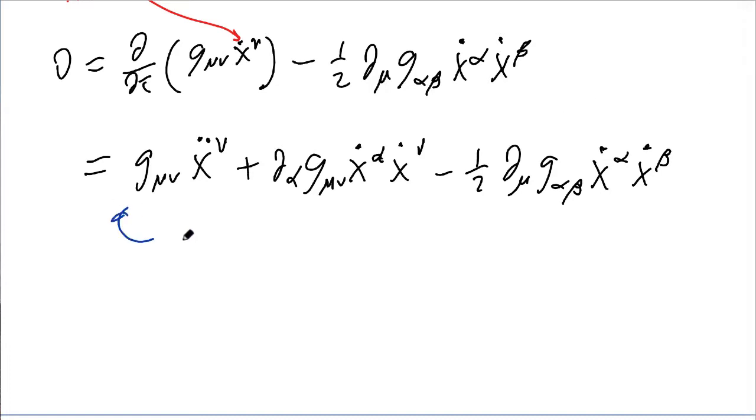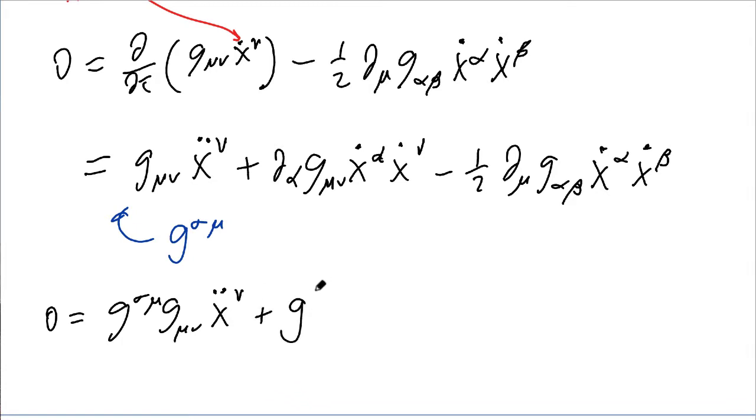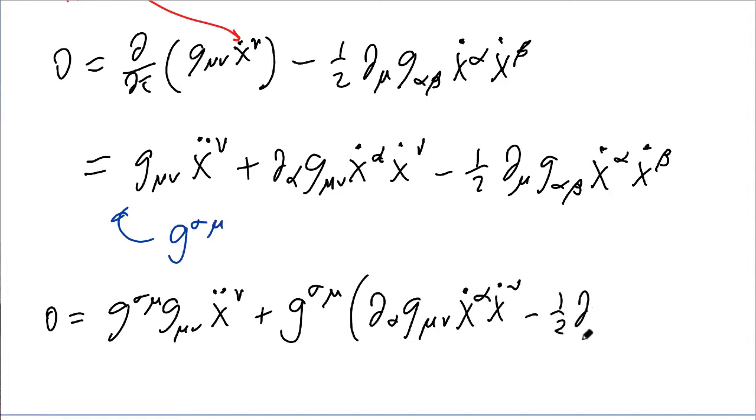So we'll multiply this equation by g upper sigma mu. And what we have is g upper sigma mu, g lower mu nu, x double dot nu, plus g upper sigma mu times partial alpha g mu nu, x dot alpha x dot nu, minus 1/2 partial mu g alpha beta x dot alpha x dot beta.